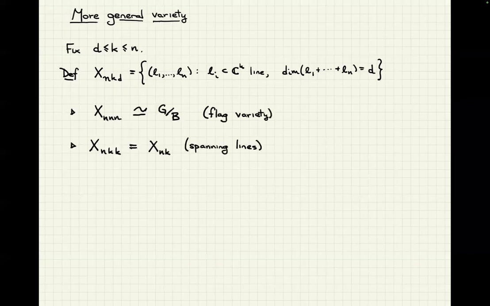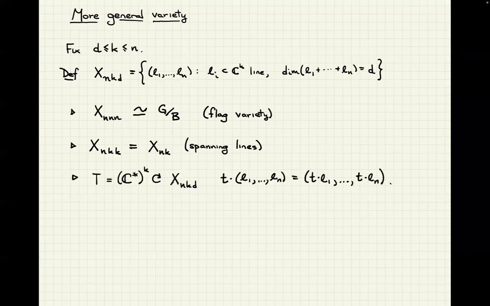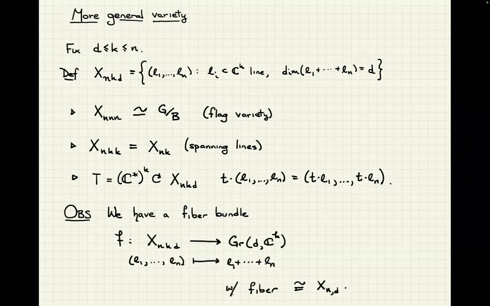It specializes to the flag variety with X_{n,n,n}, and more generally, X_{n,k,k} is the spanning line variety. It has a torus action of (C^*)^k, just as before. And it has this very nice fiber bundle structure over a Grassmannian, given by, we'll take the sum of the lines.